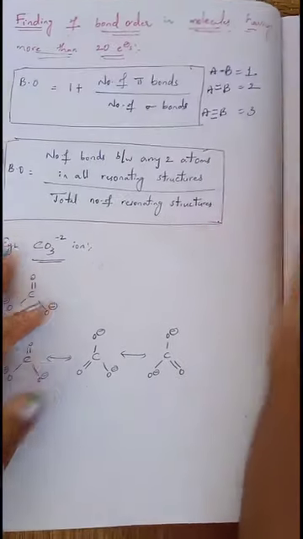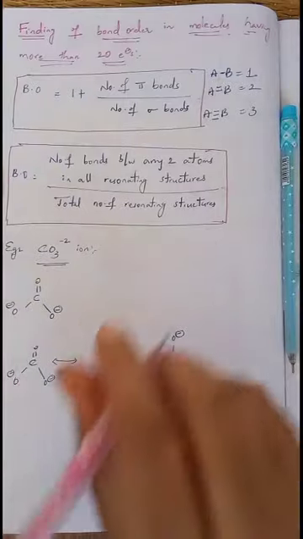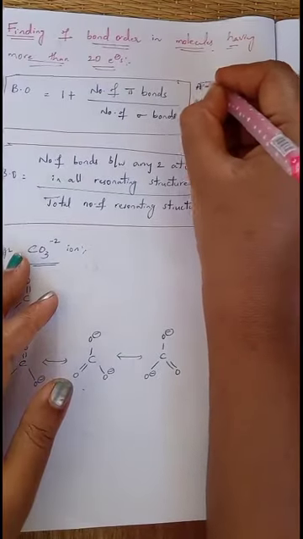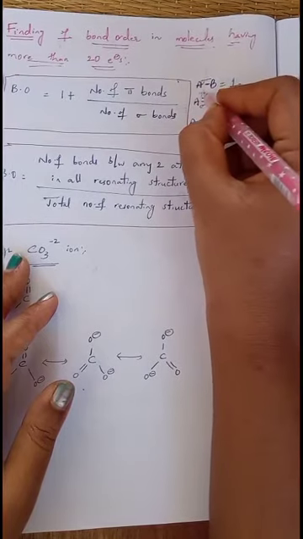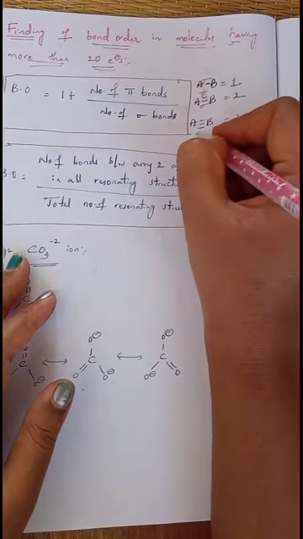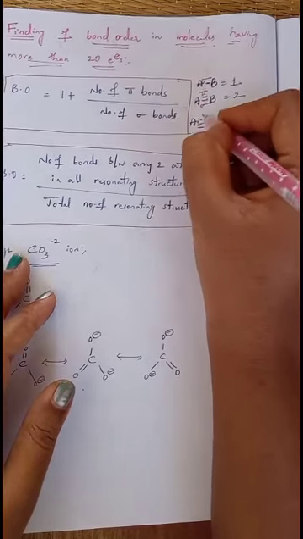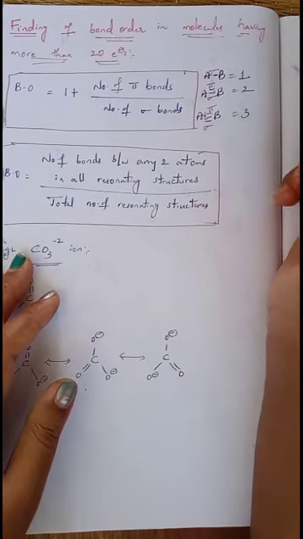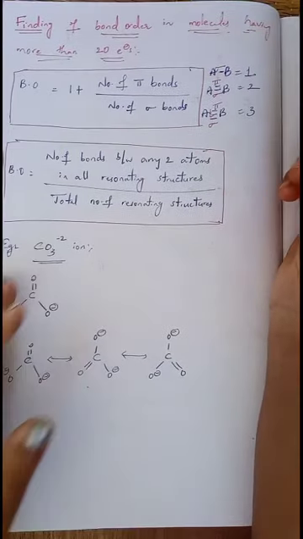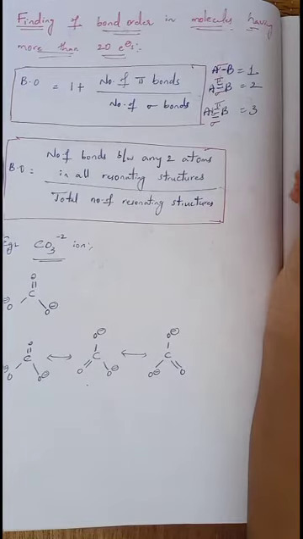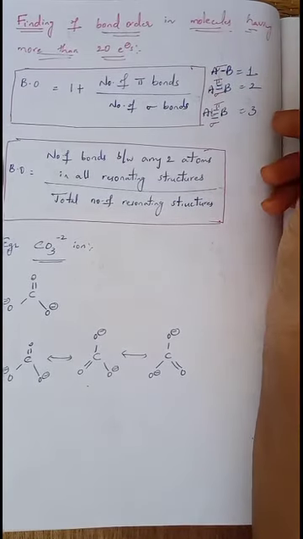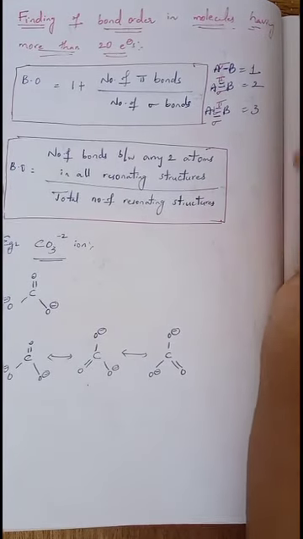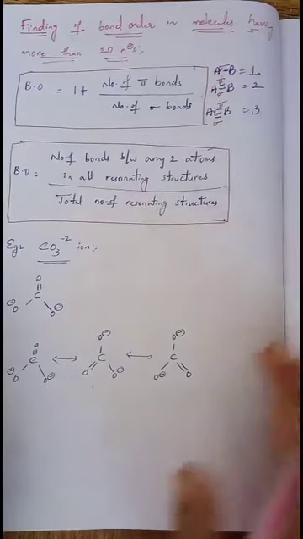Remember, a single bond is completely a sigma bond. If a double bond is there, one is a sigma bond, the other is a pi bond. If a triple bond is there, one is a sigma bond, the other two are pi bonds. Like this we can find the pi bonds and sigma bonds. Single bond, bond order 1; double bond, bond order 2; triple bond, bond order 3. Like this we can easily calculate.